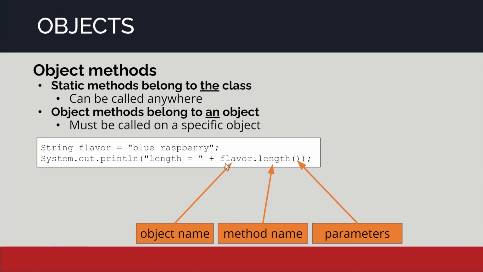So that's the syntax for calling a method that is an object method. It's similar to calling a static method. It'll look very similar, except that the part that comes before the method name is an object name, so it's always going to be lowercase. And then if it's a static one, it's going to be the class name, so it'll be uppercase. And that's a quick way of identifying if you're looking through code.